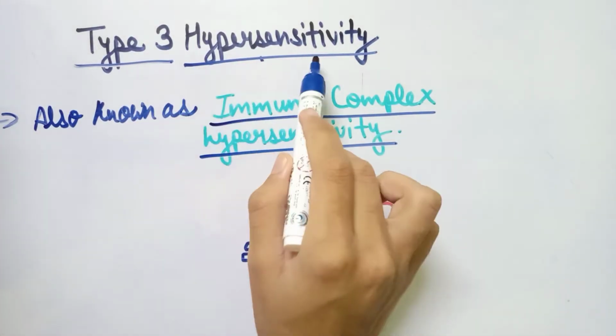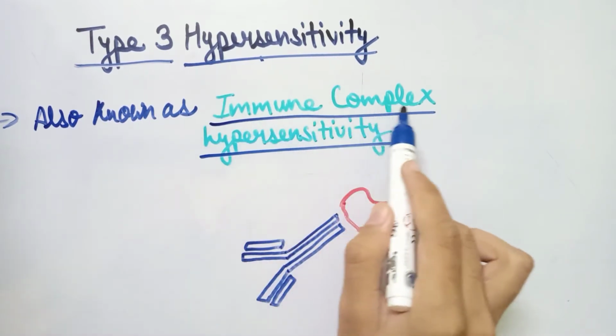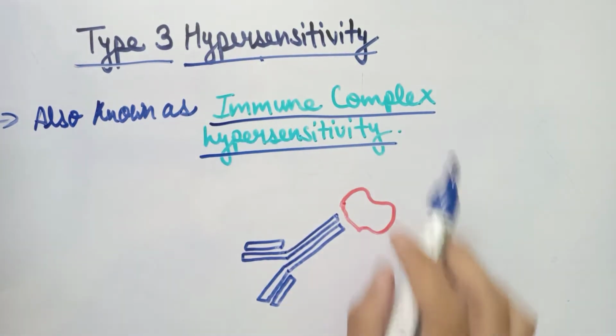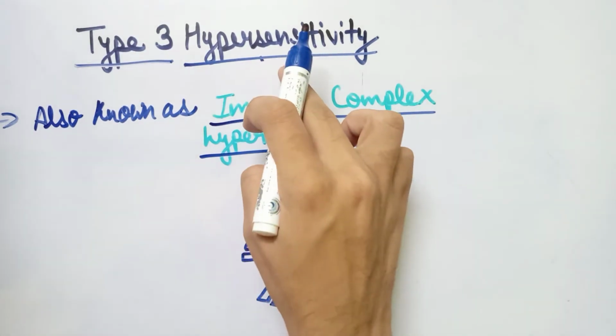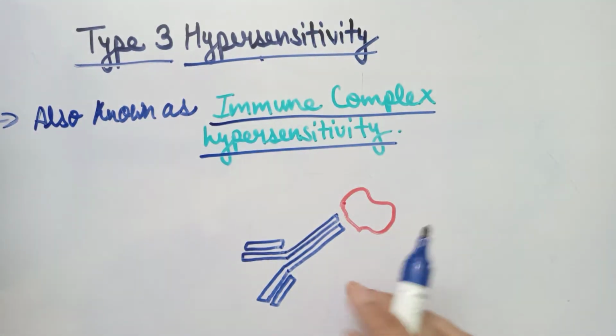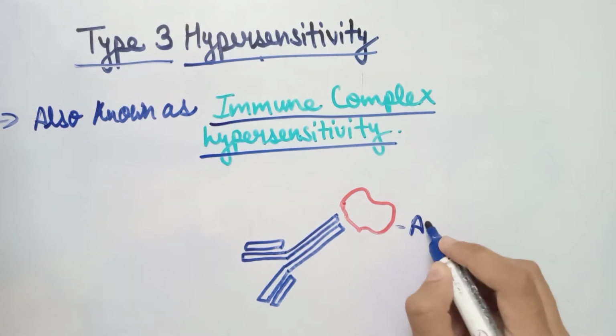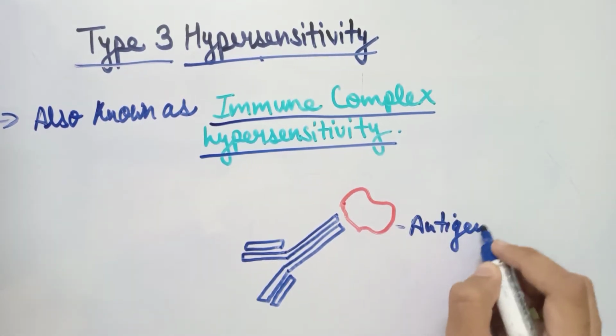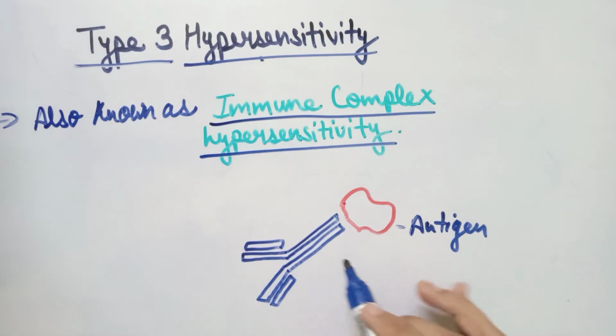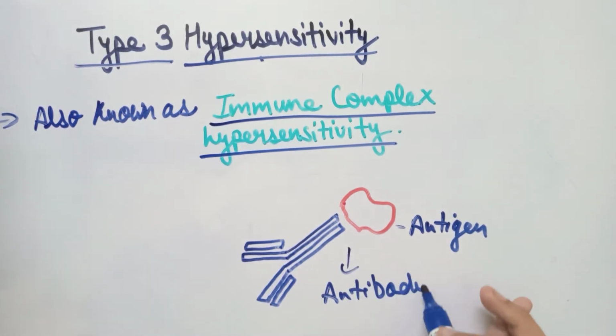Type 3 hypersensitivity is also known as immune complex hypersensitivity because in this type 3 hypersensitivity, antibody gets attached to the antigen. This is an antigen. The antibody gets attached to the antigen and forms an antibody antigen complex.